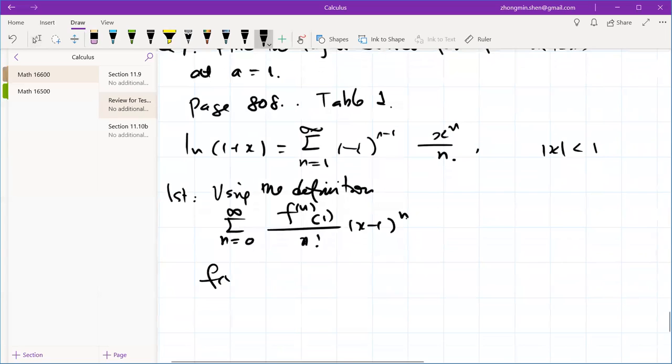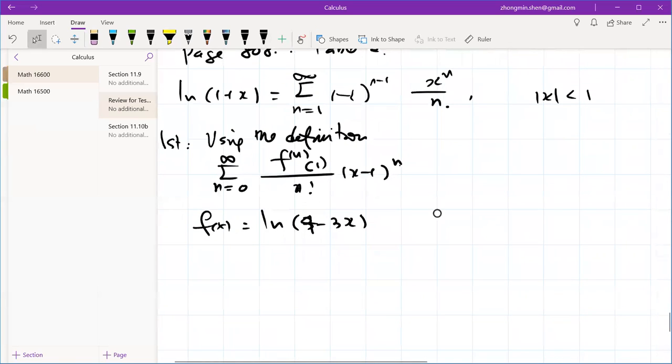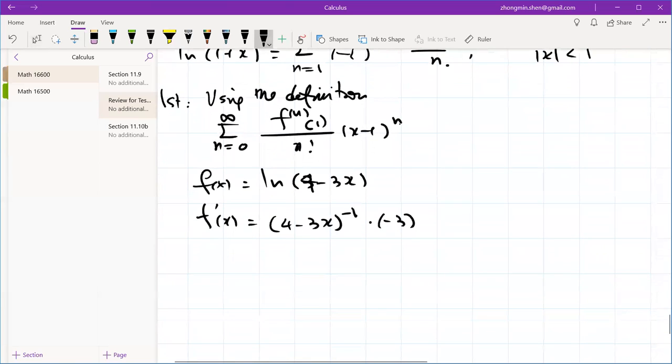So f of x equals natural log of 4 minus 3x, right? And you have to find the first derivative. What's it going to be? It just goes to the denominator, right? So 4 minus 3x to the negative 1, and then put the negative 3 here, right? It's not too bad if you do that.